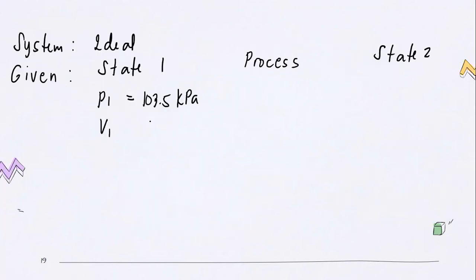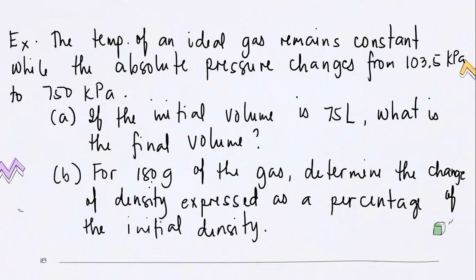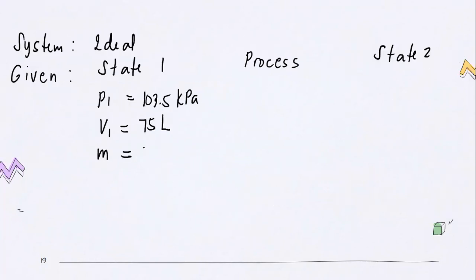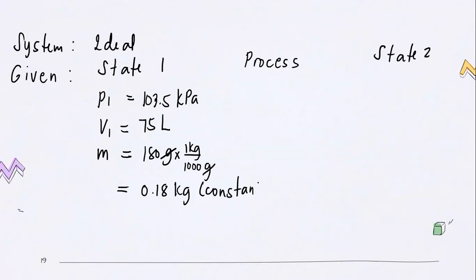V1 is 75 liters. Then mass is equal to 180 grams. Convert into kilograms. 180 grams times 1 kilogram is equal to 1,000 grams. Okay, therefore, this one is 0.18 kilograms. Mass constant. Process isothermal. State 2, P2 is 750 kilopascal.